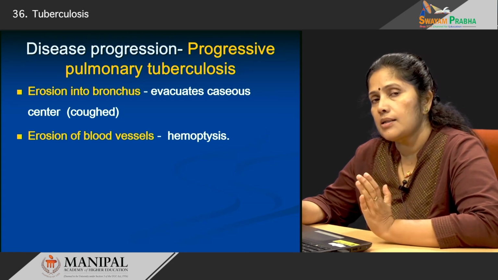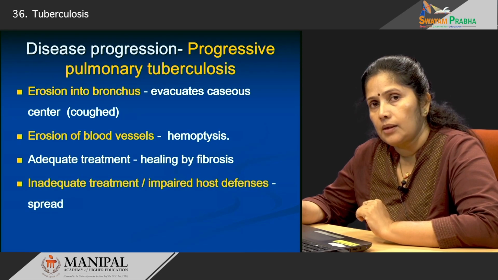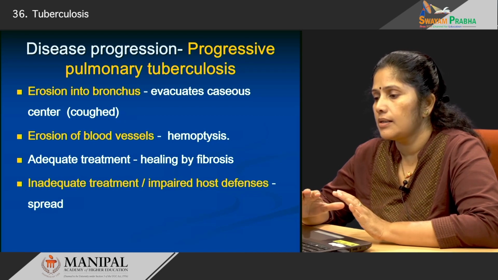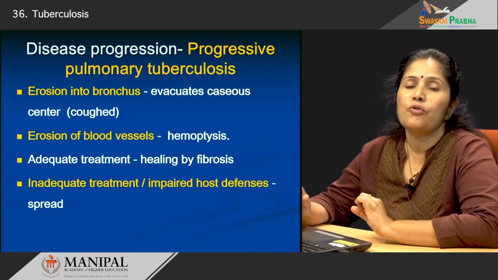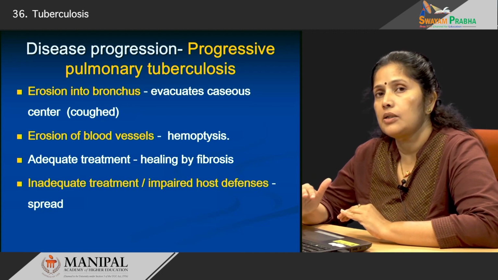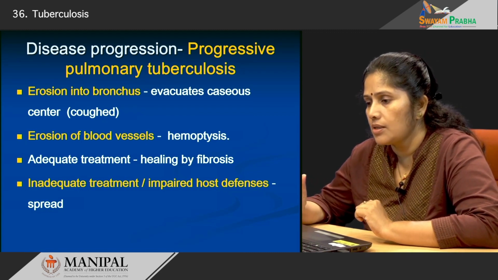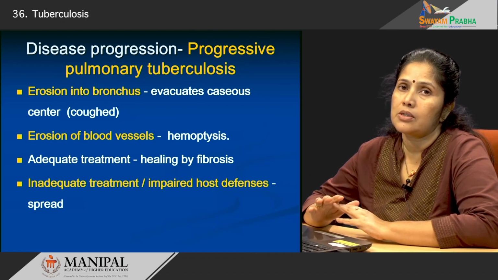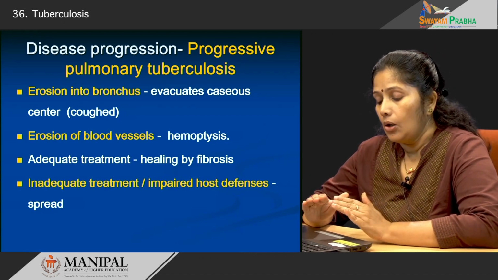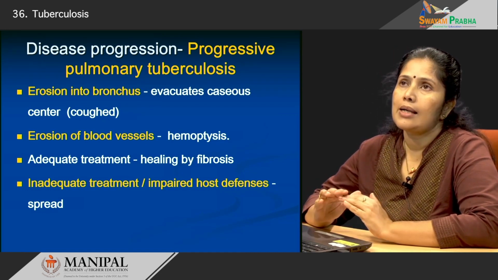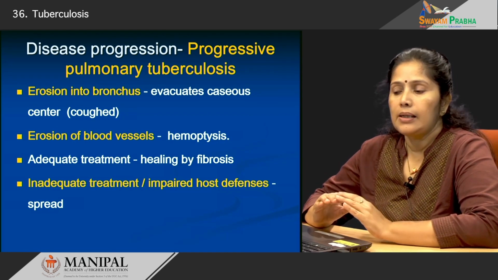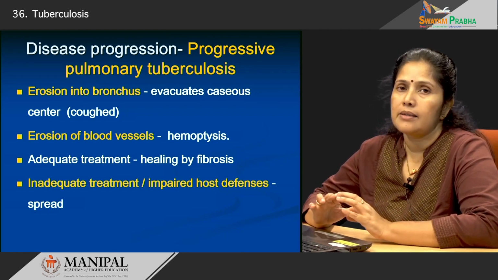Now, if a patient has received adequate treatment and completes his treatment, the entire lesion will heal by fibrosis. So, if you treat a patient adequately, the lesion completely heals by fibrosis. However, if the patient does not take complete treatment, or is a patient who has a very impaired response, let us say is immunosuppressed, in that case the disease can spread.